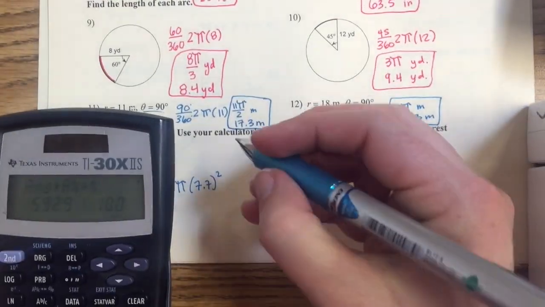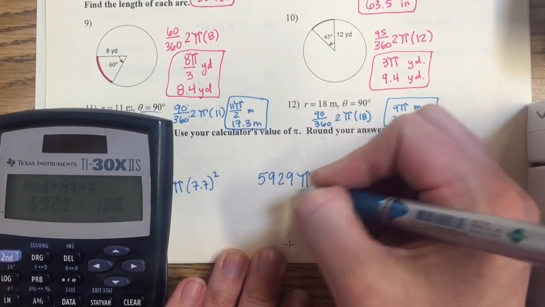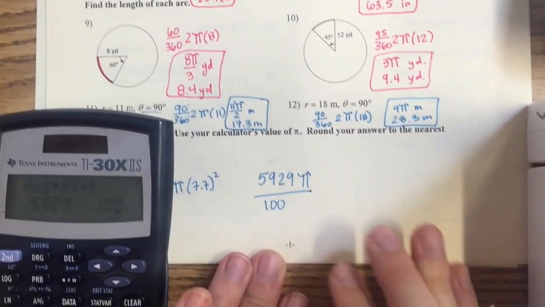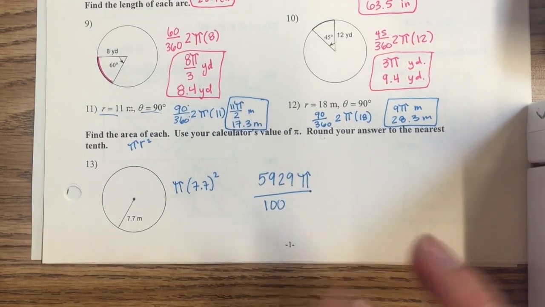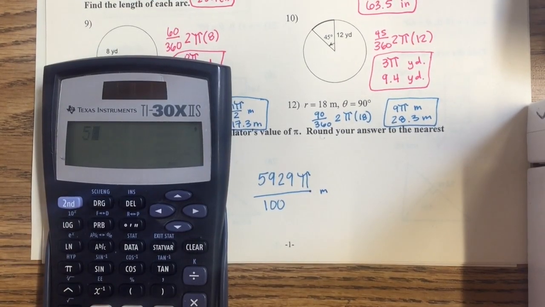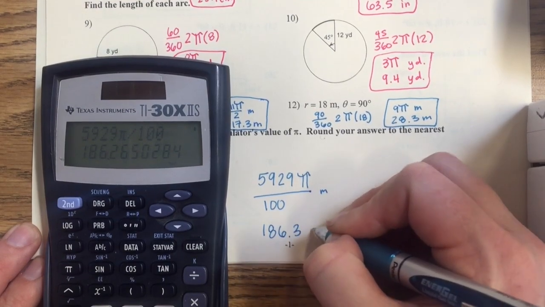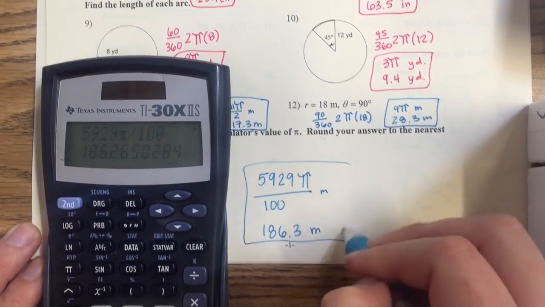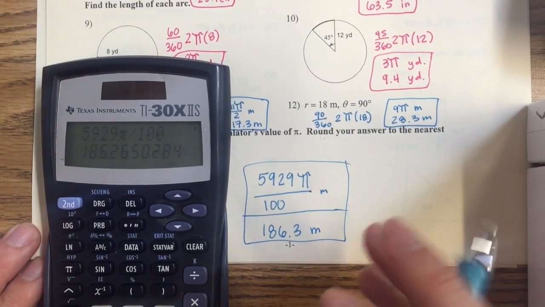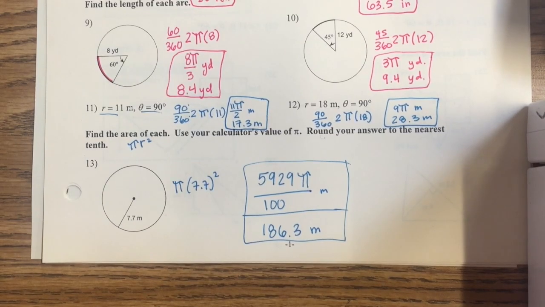So my fraction would be 5929 pi over 100. And then I'm going to write it as a decimal, so 5929 pi divided by 100 is 186.3 meters. So I have my two different forms of writing my answer.